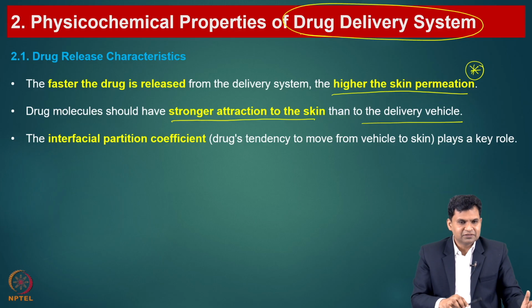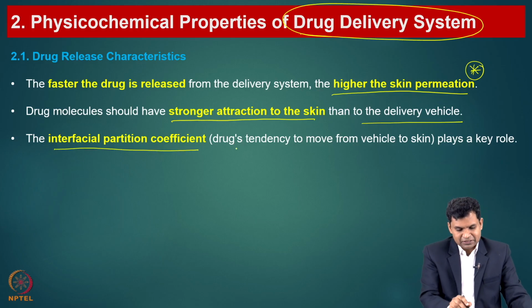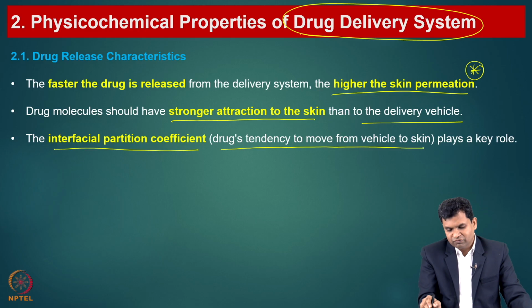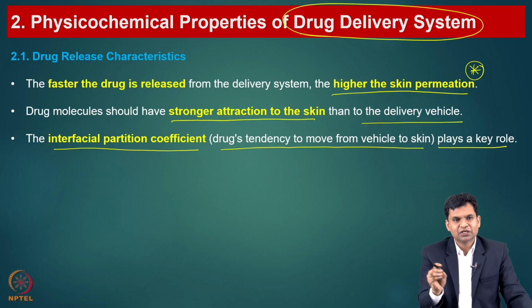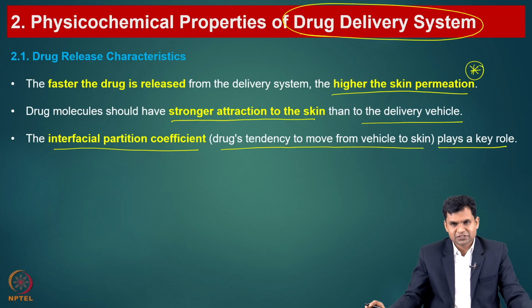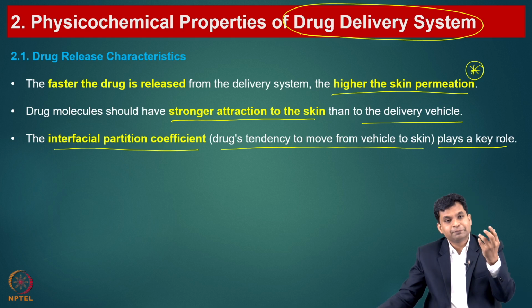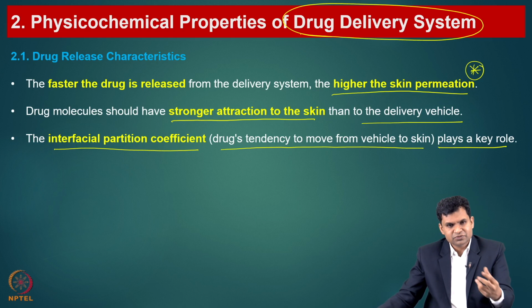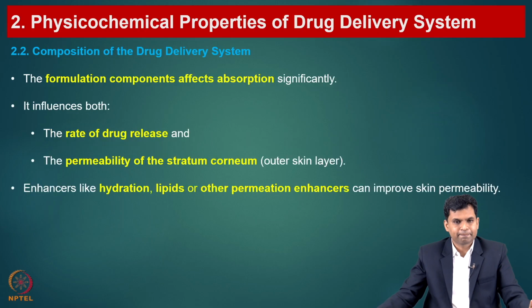And yes, the interfacial partition coefficient, that is the drug's tendency to move from vehicle to skin, plays a major role, and that comes particularly with the drug properties as well as the components which we are using in the preparation of the drug delivery system. So, we need to develop such a system that should pass the molecule to the skin.